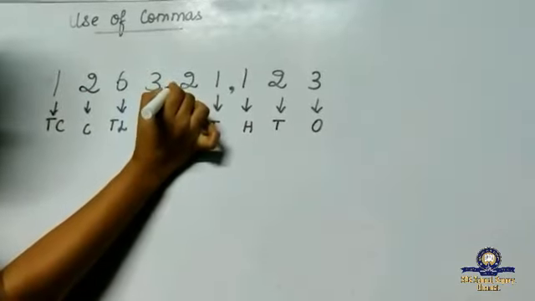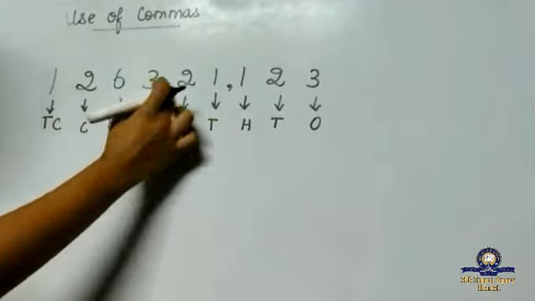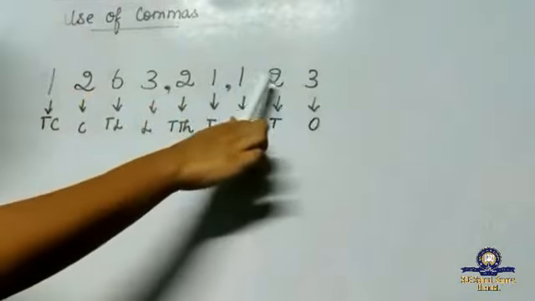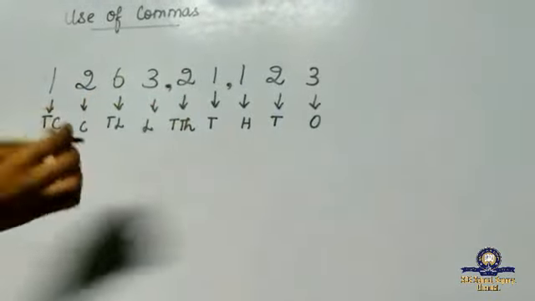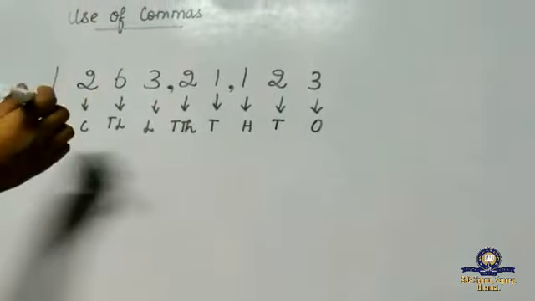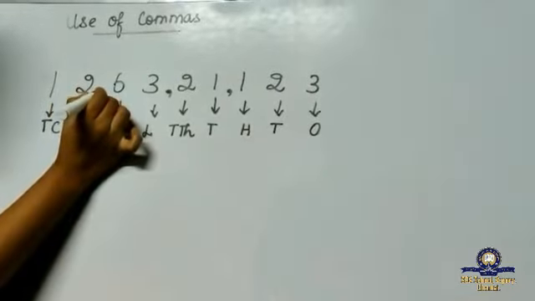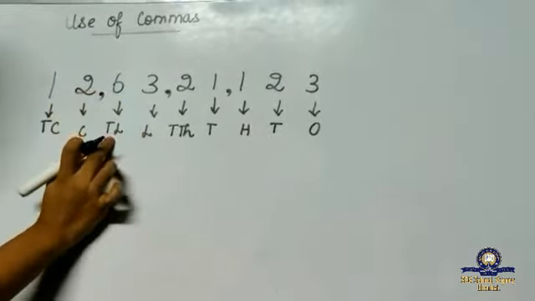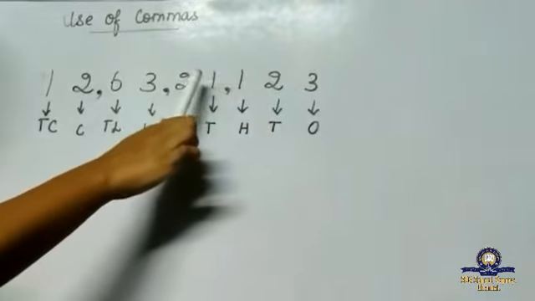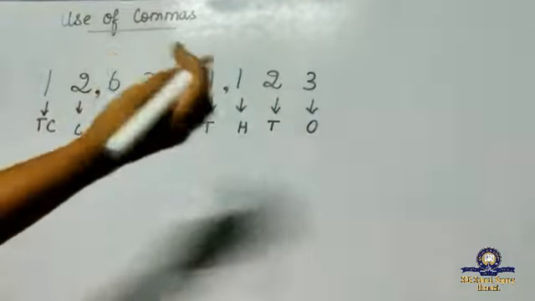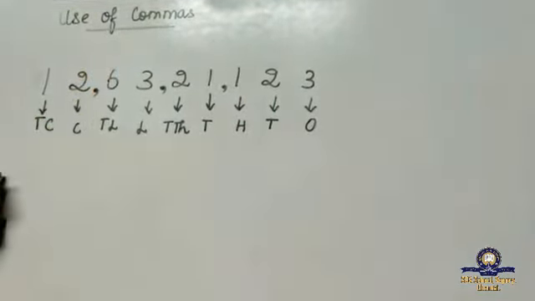The second comma comes before the 10,000s place, that is 5 digits from the right: 1, 2, 3, 4, 5. And the third comma comes before the 10 lakhs place, that is 7 digits from the right.